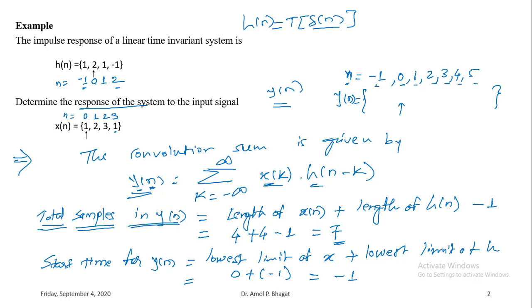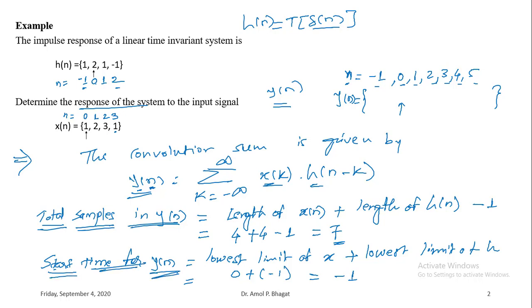If you count, it is 1, 2, 3, 4, 5, 6, 7. This is how you identify the total number of samples and the start time for the output sequence y of n.